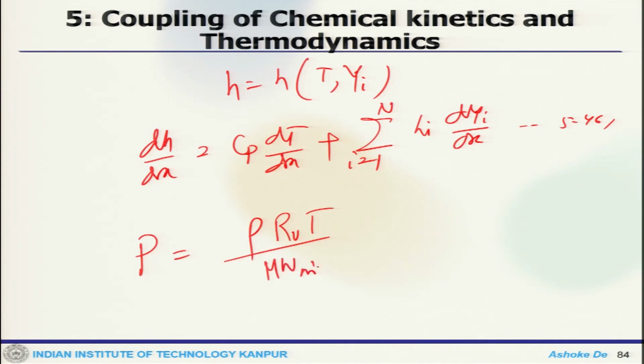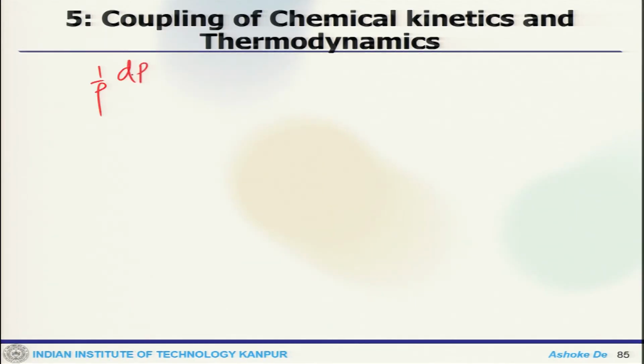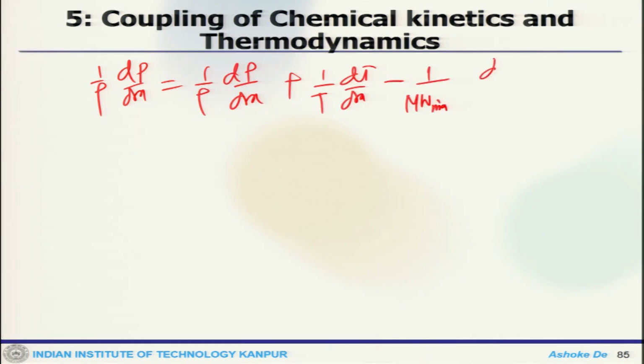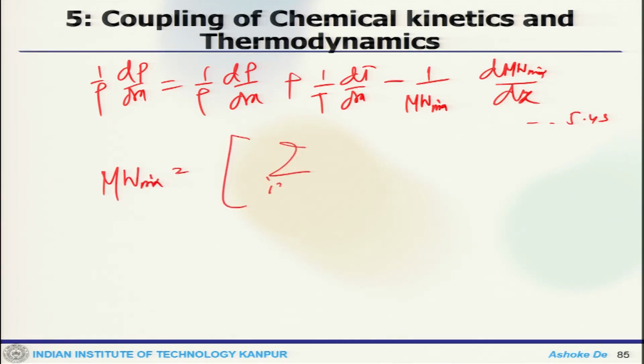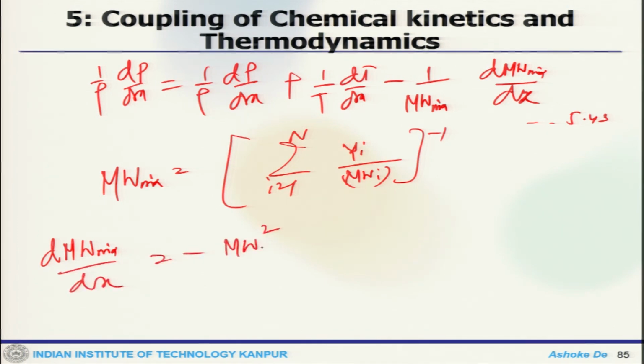So, this is the set of equations, and one will get 1 by p dp by dx equals 1 by rho d rho by dx plus 1 by T dT by dx minus 1 by MW mix d MW mix by dx, where MW mix equals the inverse of the summation of i from 1 to n of Yi by MWi, and d MW mix by dx equals minus MW mix square times the summation of 1 by MWi dYi by dx.